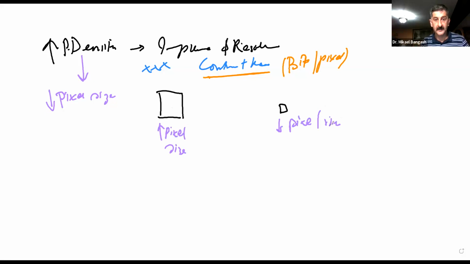Now, if you have a great pixel size, that would mean there's going to be a low pixel density, because the greater the pixel, the fewer pixels you are going to be able to fit into 1 square inch.